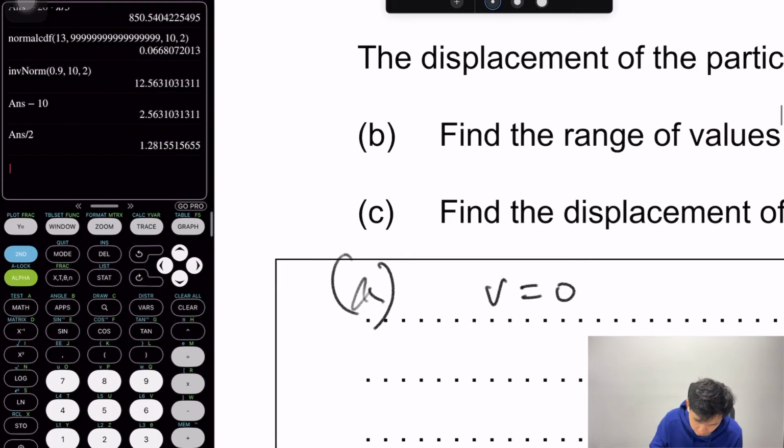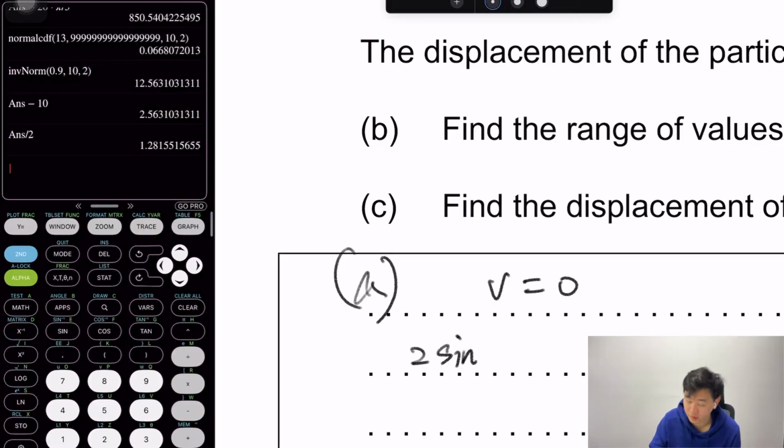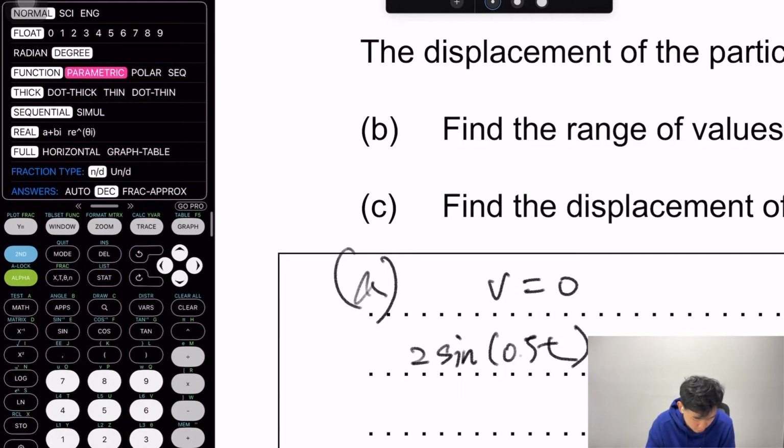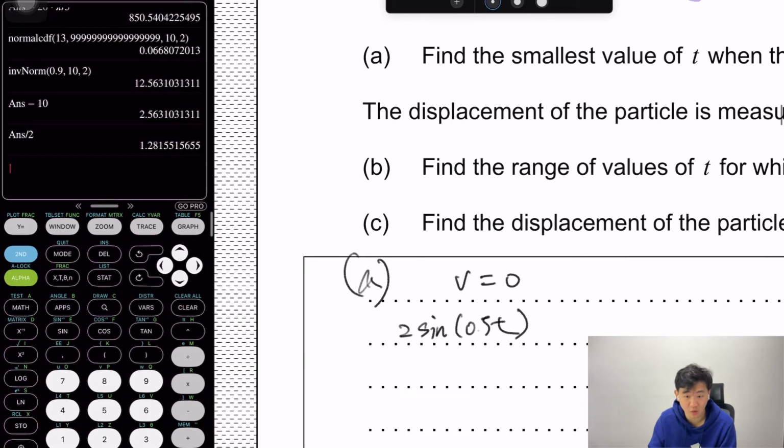So we have 2 sine of 0.5t. Now, notice this one is 0.5. When it comes to a small value, you have to make sure you change it back to your radian mode, because if you forget to change it, then the whole value is going to be so wrong, okay? And then plus 0.3t, and then minus 2.